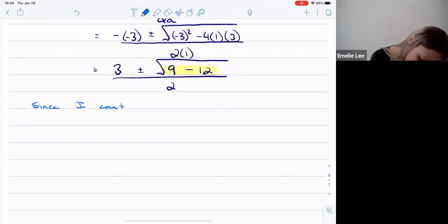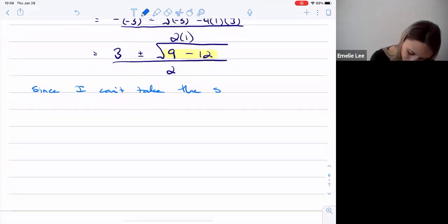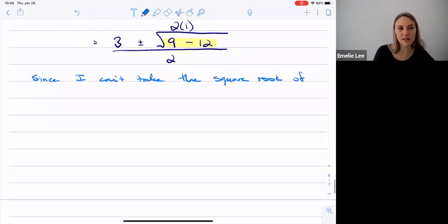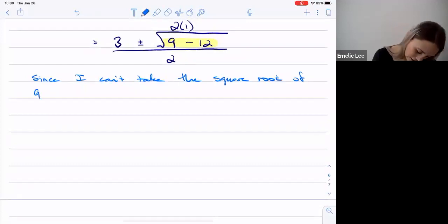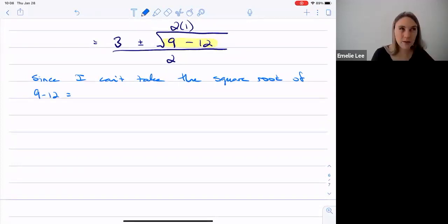Since I can't take the square root of 9 minus 12, I don't know, it's a negative.